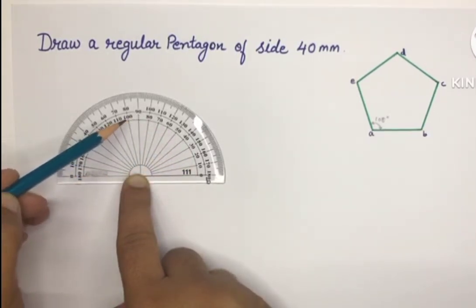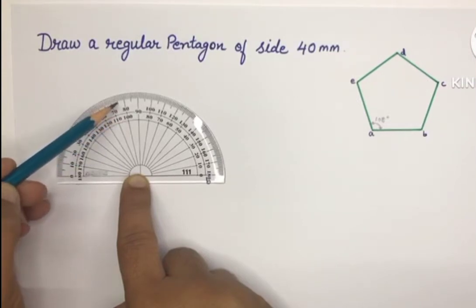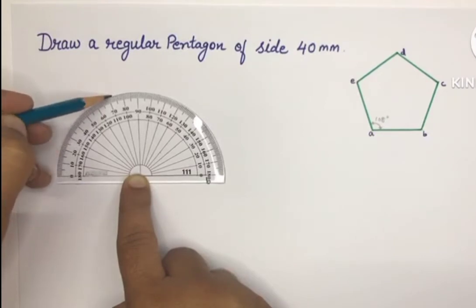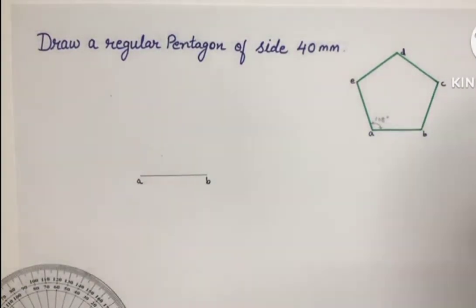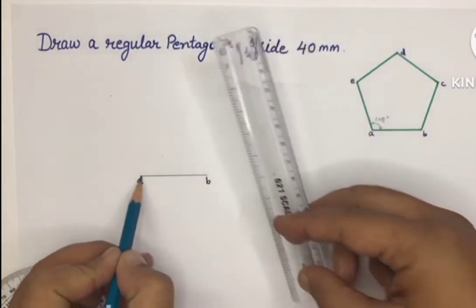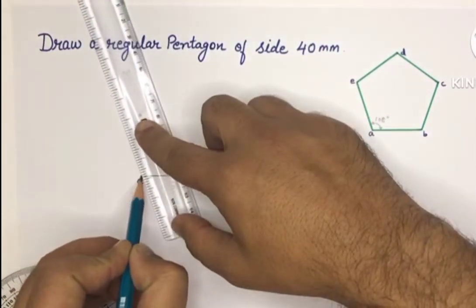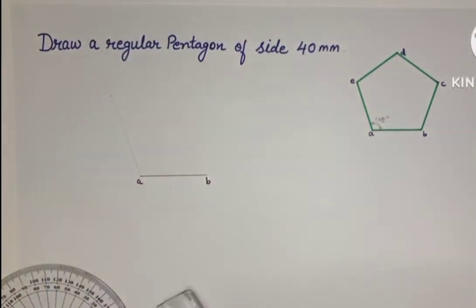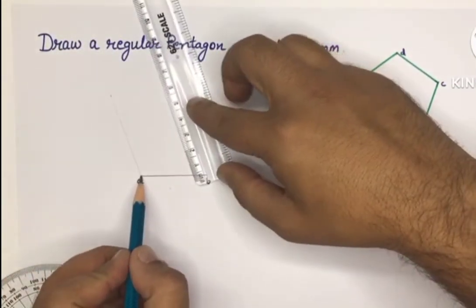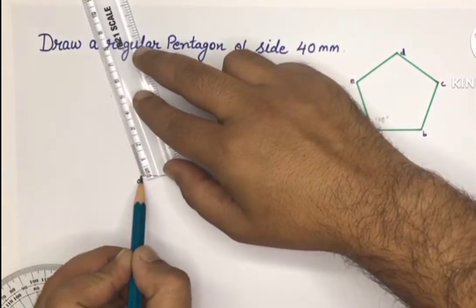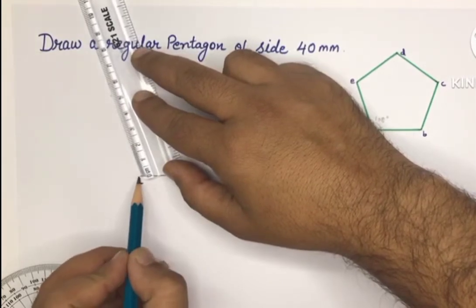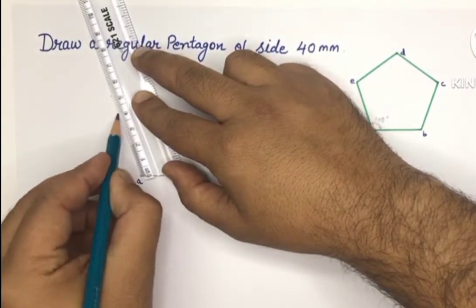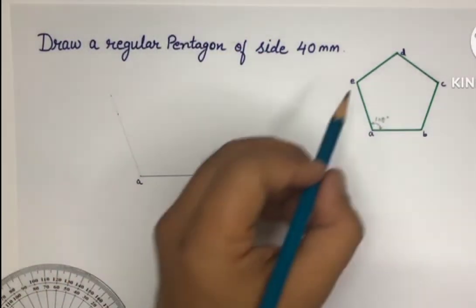This is 90, 100, 105, 106, 107, 108. Mark a point here and connect, measure 40 millimeter, and we get point E.